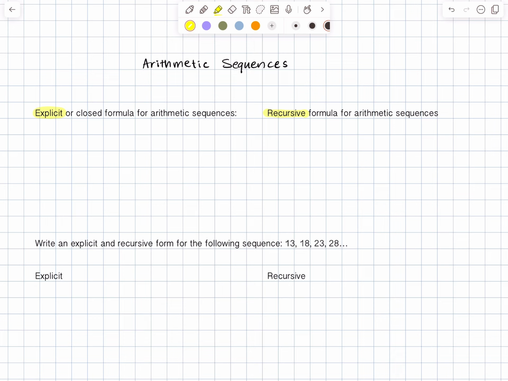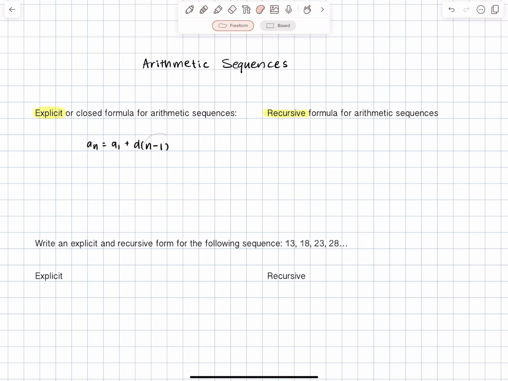So to get started, the explicit or closed formula for the arithmetic sequence is: a sub n equals a sub 1 plus n minus 1 times d. What I like to do is just put the d before the parentheses.